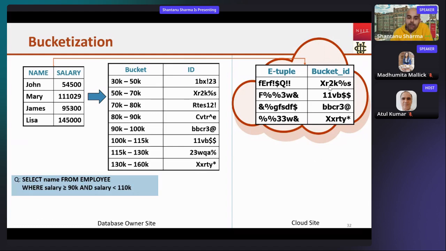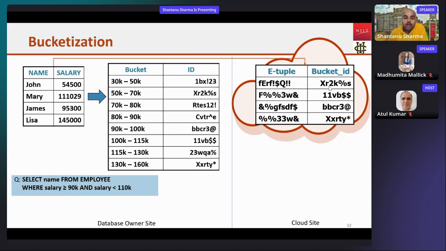Now, if a query comes for any type of selection, for example this range query, we need to convert this range query into bucket IDs. The database owner has this entire bucket information. It will replace the 90K to 100K range with the corresponding bucket IDs in the list.